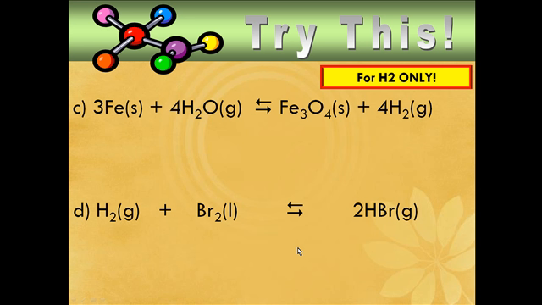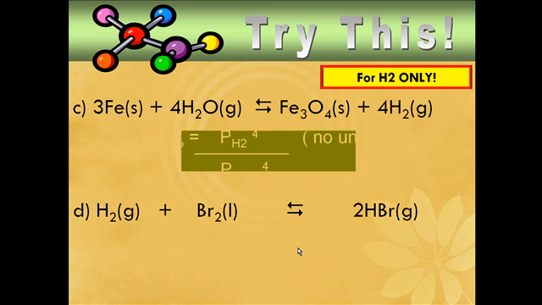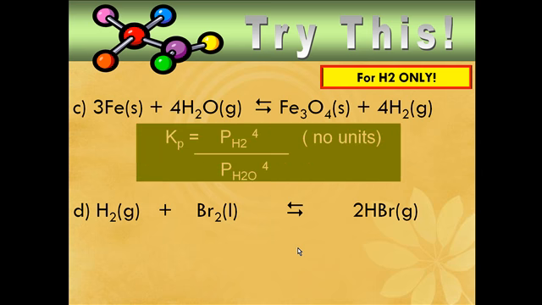Third and fourth example, we were told to write the equilibrium constant expression in terms of Kp. So for Kp, we are writing them in terms of partial pressure, and we do not consider any solid or liquid in the expression.